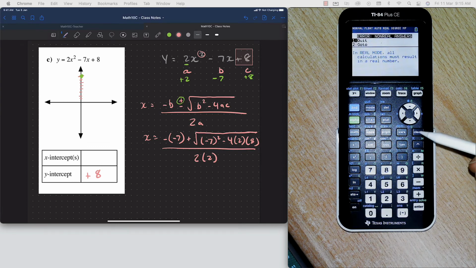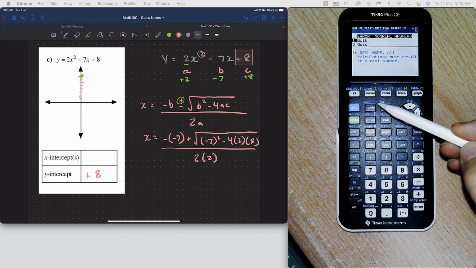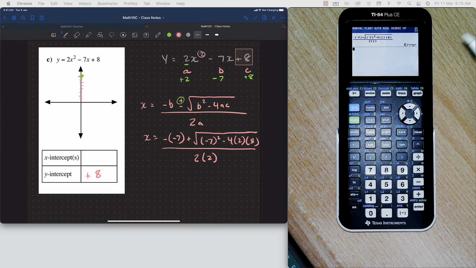So let's go back to here, and it's giving us an error. What that's probably telling us is that this graph is actually not going to cross through this. So it's either going to go like that or something like that, or like that, whatever. Some way it's not going, we have no x-intercepts, or I've entered it into the calculator wrong.